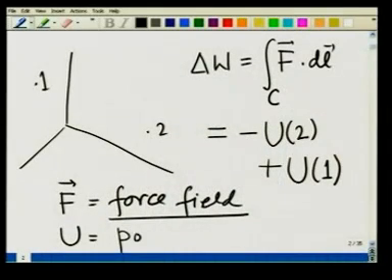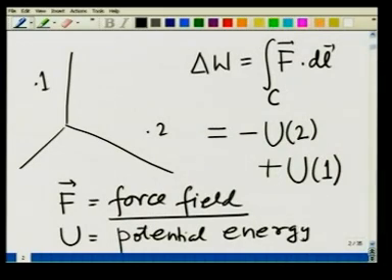For example, it could be the force due to the gravitation of the earth if something is moving around the earth, or if two charges are moving, it could be the force applied by one charge on the other. So now I am being very, very specific. This force is the force given to us, and this U I call the potential energy.